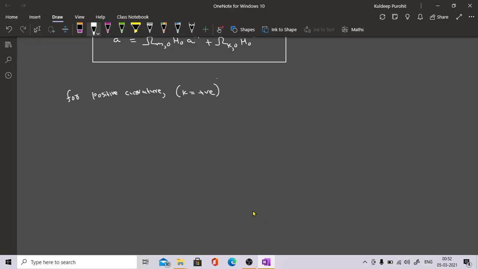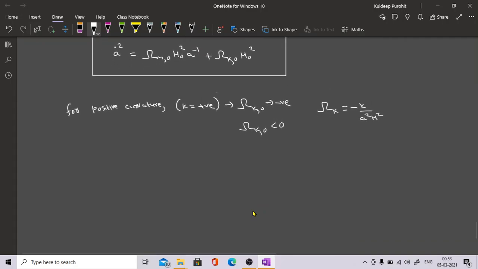Now you know that omega k is equal to minus k by a square H square. So since k is positive, it means that omega k is negative. So omega k0 is less than 0 here.